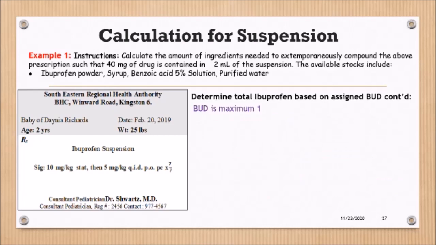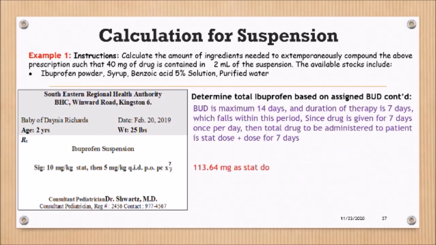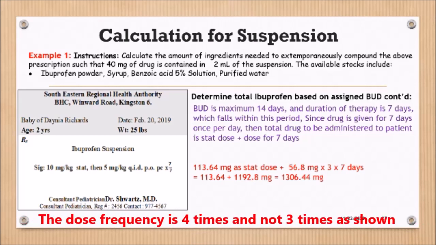So the total amount of ibuprofen is going to be the start dose plus the maintenance dose for 7 days. And that is 113 as a start dose plus 56.8 milligrams times 4 times a day, times 7 days. And that will give you the total amount of drug.